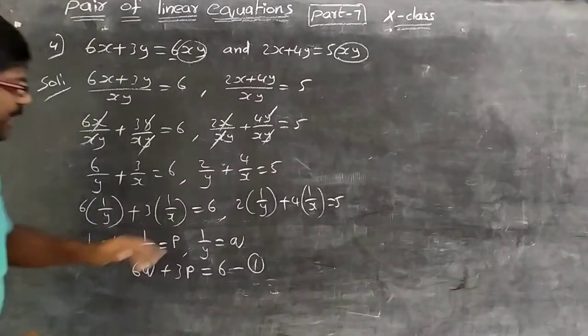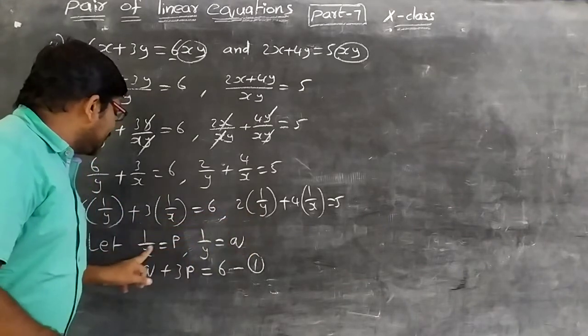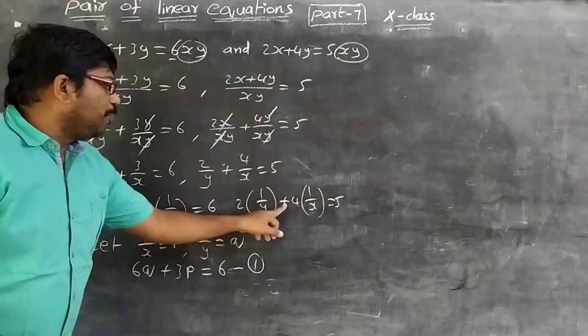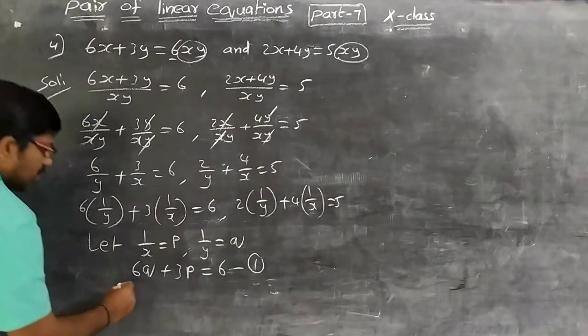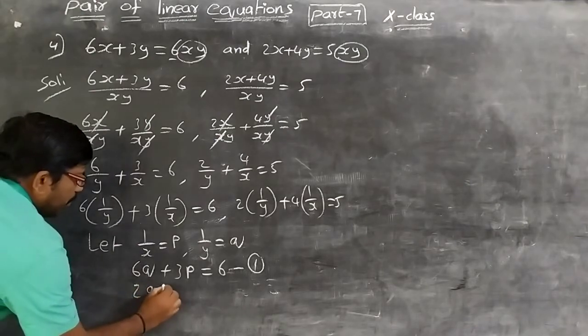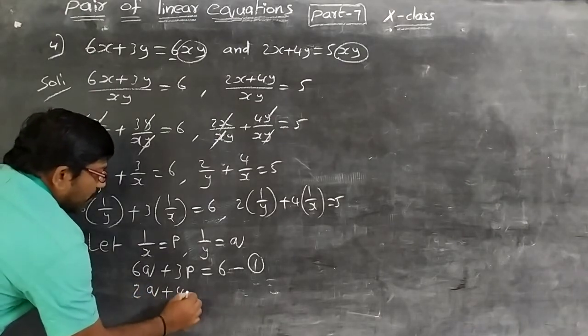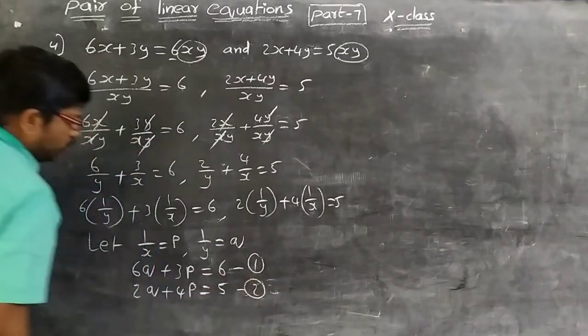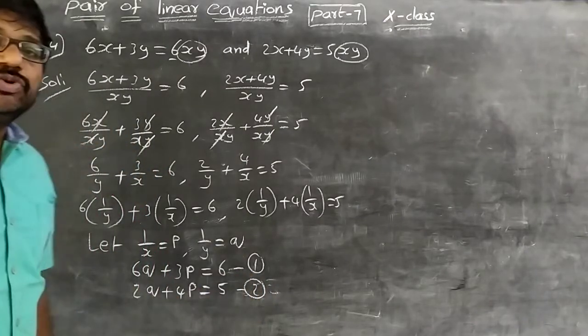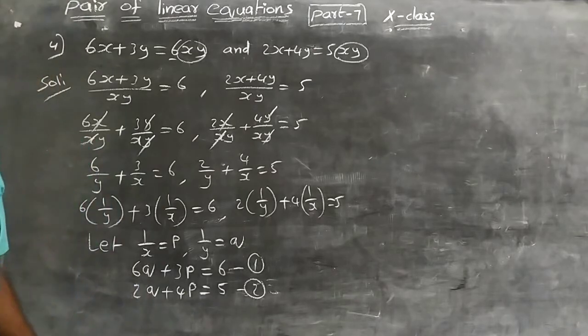And the second equation: 2, 1 by y is q, 2q plus 4p, 1 by x is p, is equal to 5. Call this equation 2.